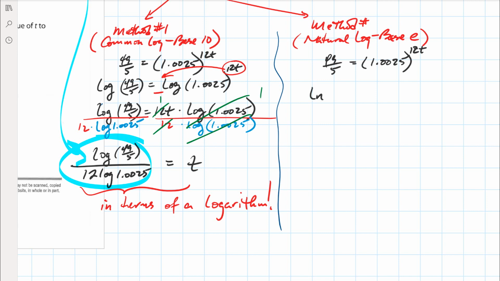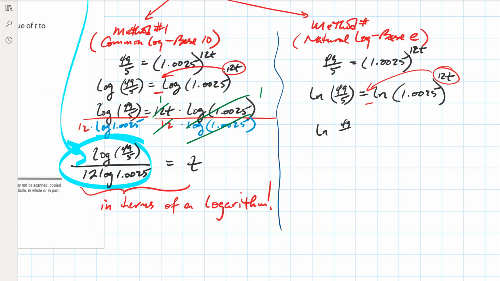The natural log is abbreviated ln. So you take the natural log of 49 fifths. You take the natural log of 1.0025 raised to the 12t power. Now once again, just like on the left, notice this side-by-side comparison. You take the exponent, shift it to the front of the log. Okay, so here we go.